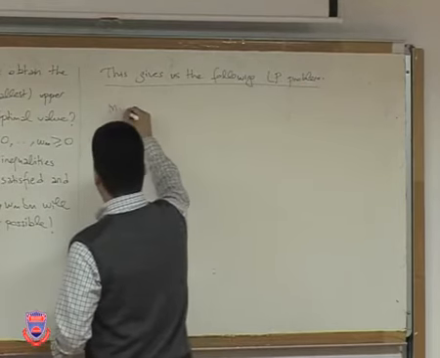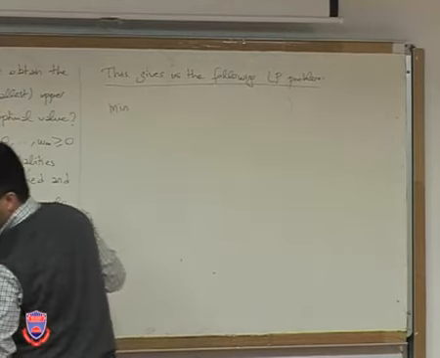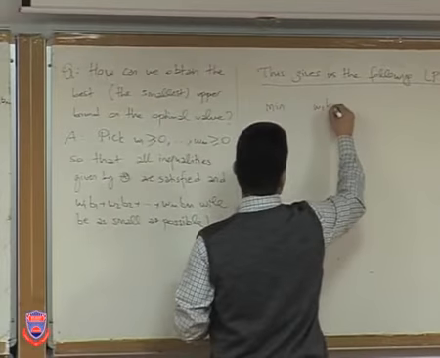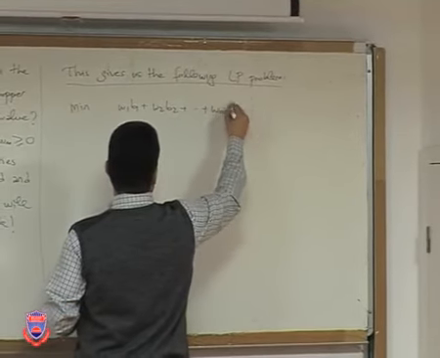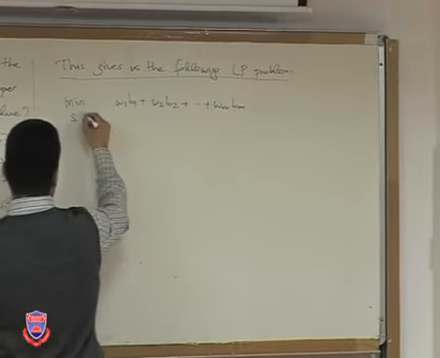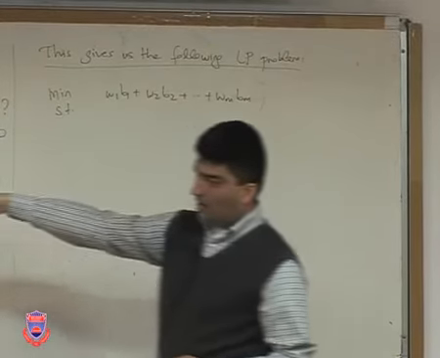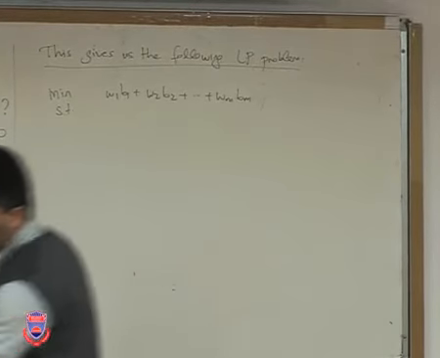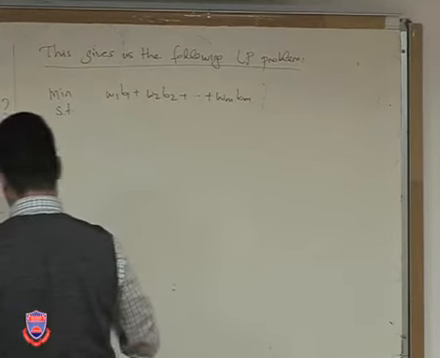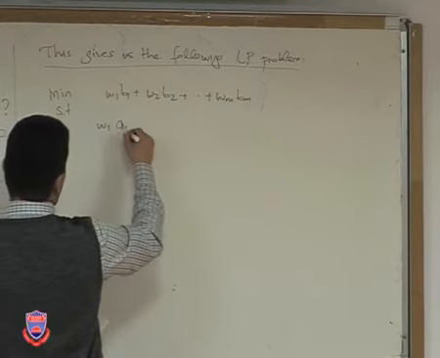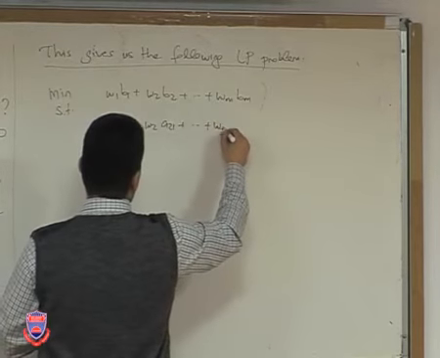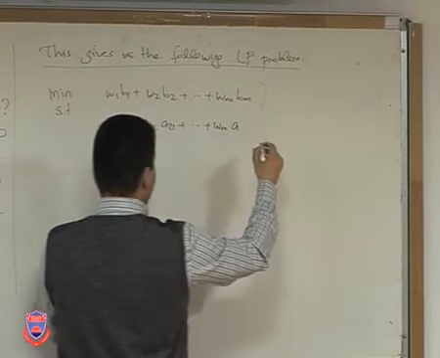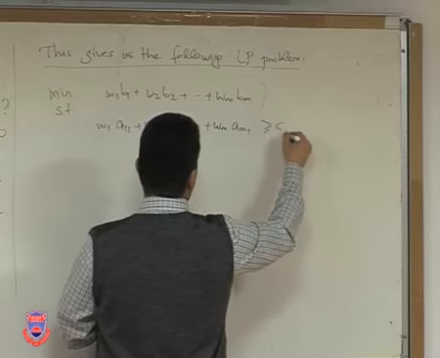My objective function will be to minimize this expression: minimize W1B1 plus W2B2 all the way up to Wm times Bm, subject to satisfying all of these conditions. W1A11 plus W2A21 plus all the way up to Wm times Am1 is greater than or equal to C1.